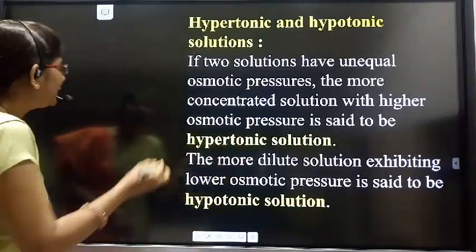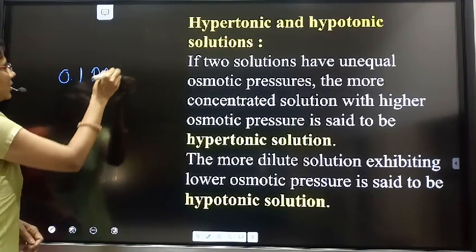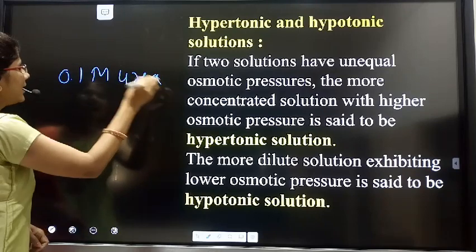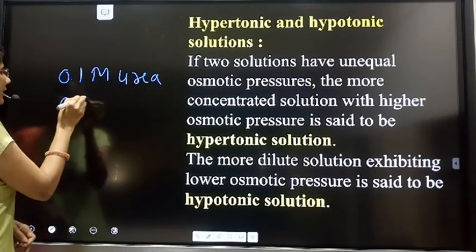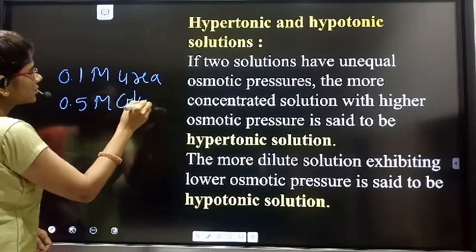For example, if we consider 0.1 molar urea and 0.5 molar glucose solution.